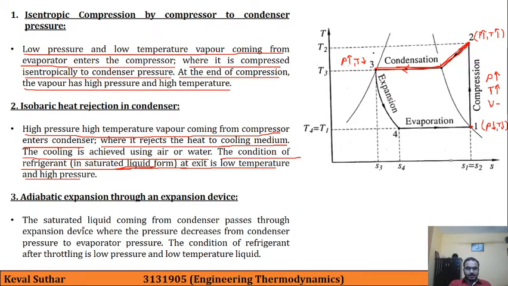The saturated liquid coming from the condenser passes through the expansion device, from process 3 to 4, where the pressure decreases from condenser pressure to evaporator pressure. So at point 4, P has reduced and T has reduced. The condition of refrigerant after throttling is low pressure and low temperature liquid.